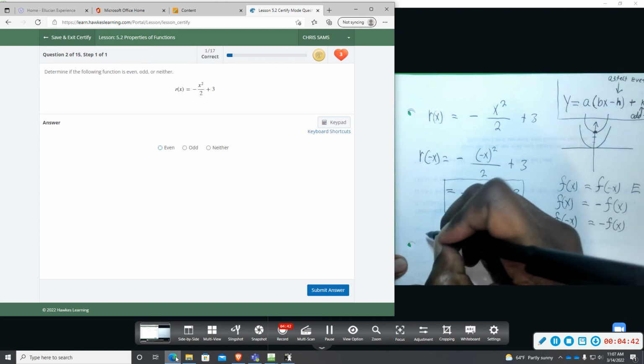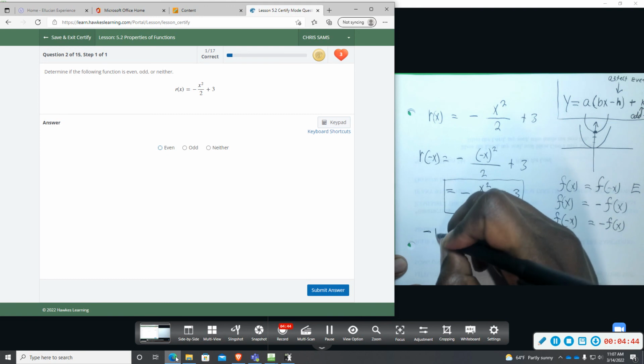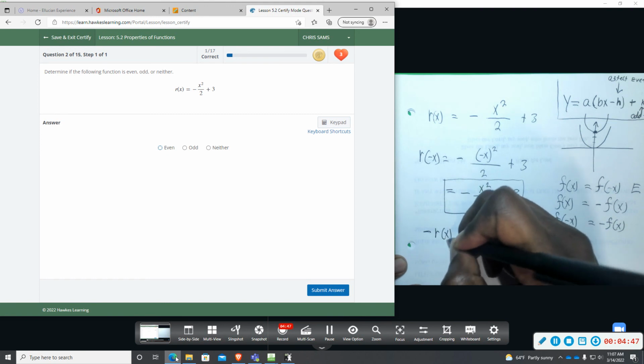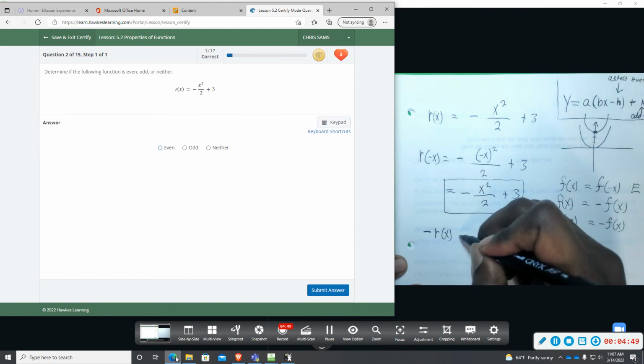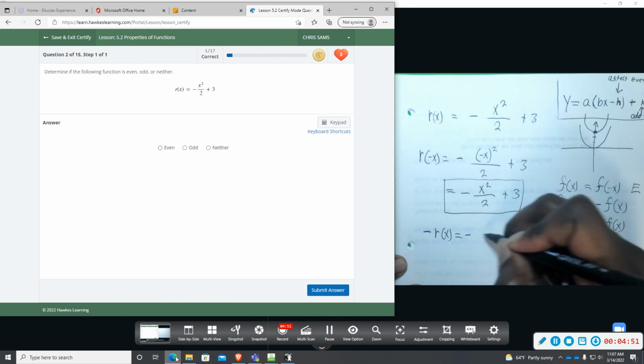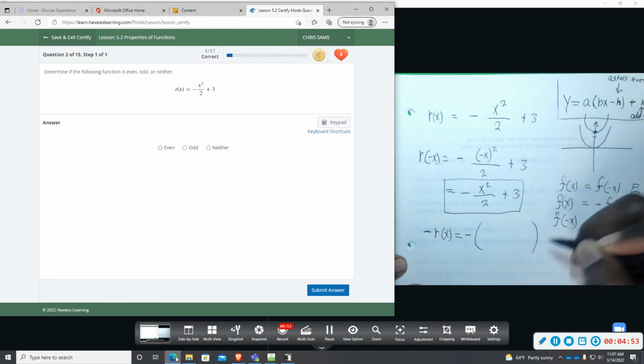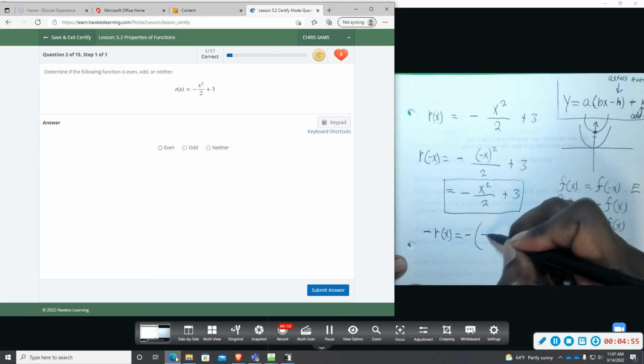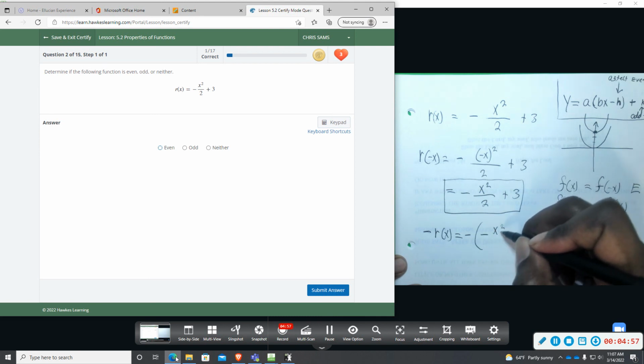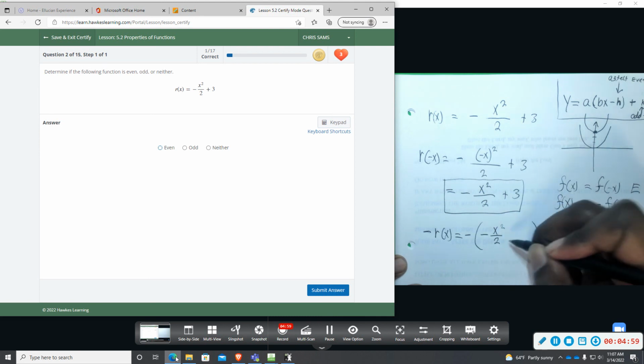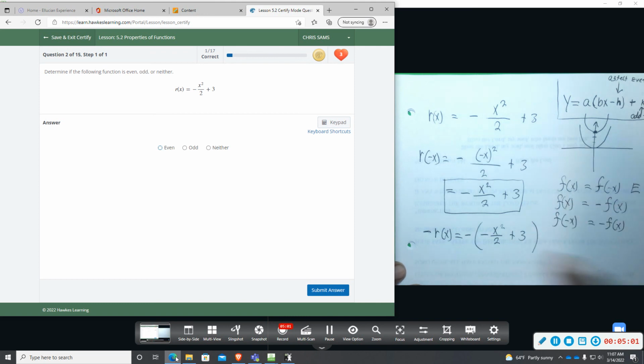So I'm going to do negative r of x, which just means I'm going to multiply this whole side by negative. So everything I had, which was a negative x squared over 2 plus 3. So I'm going to distribute the negative, so all signs are going to change.